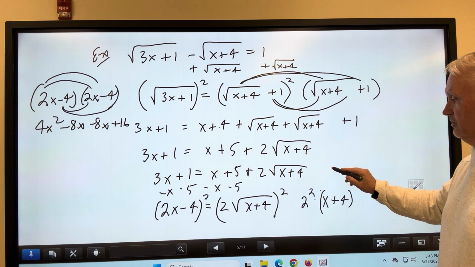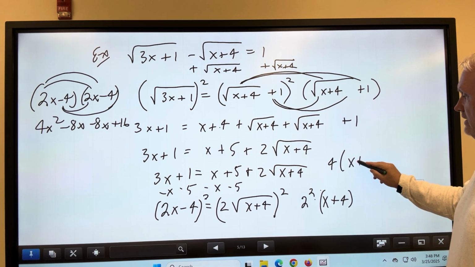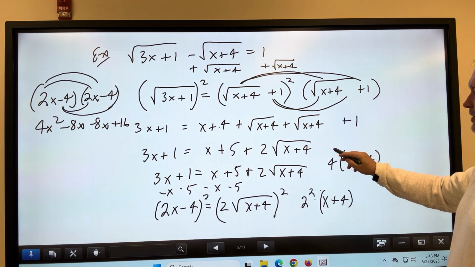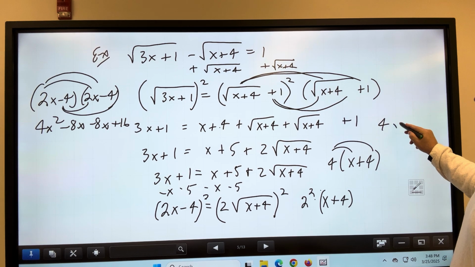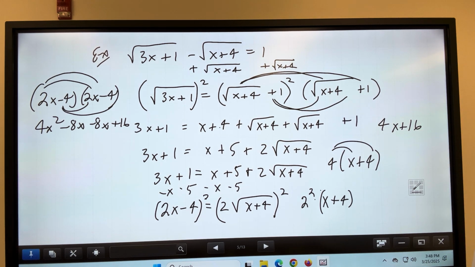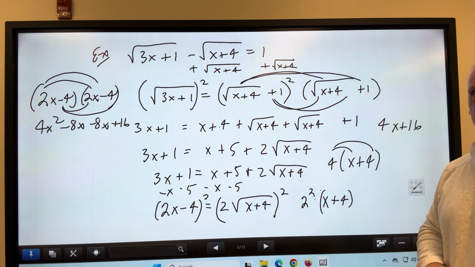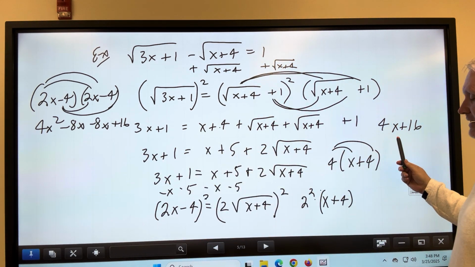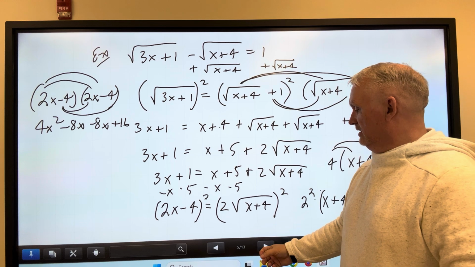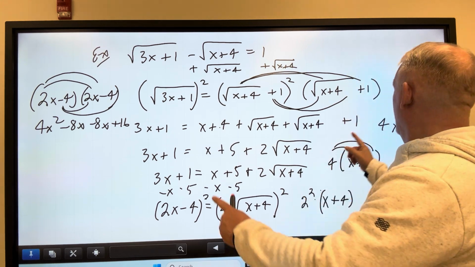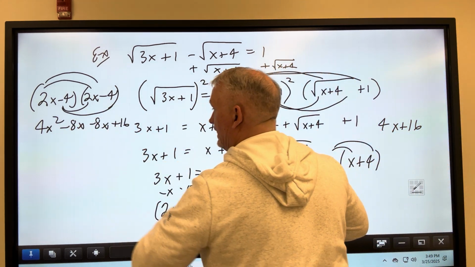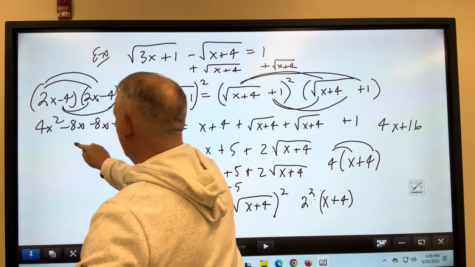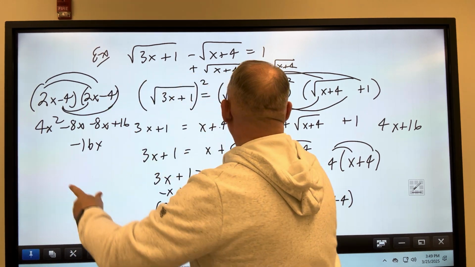I'm going to go up top here. 4 times x plus 4. Well, distribute. So I got 4x plus 16. Woo, I got a lot of stuff here. I got this on one side, and I got this on the other. So now, if I combine all those things, if I get the x squared by itself, combine these two things, I got minus 16x plus 16.